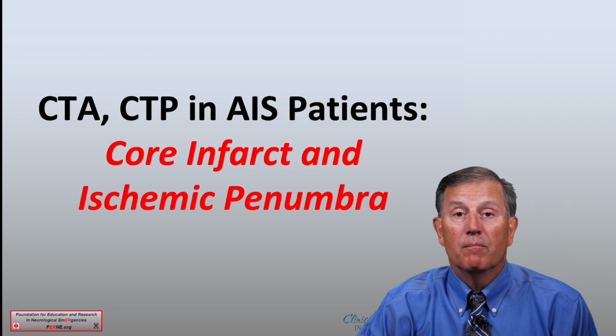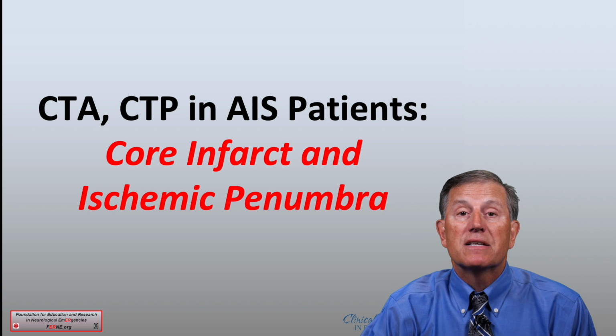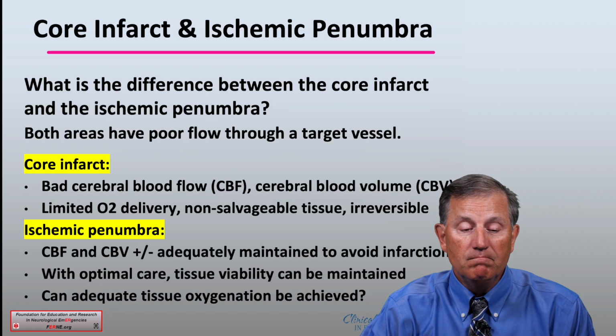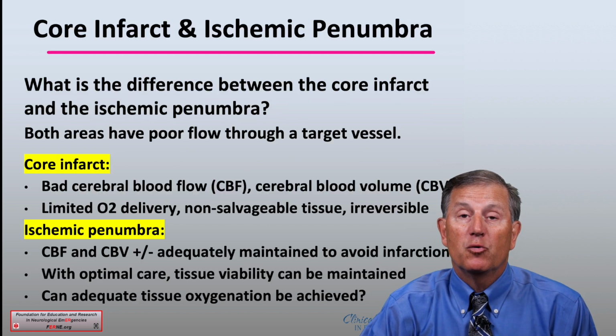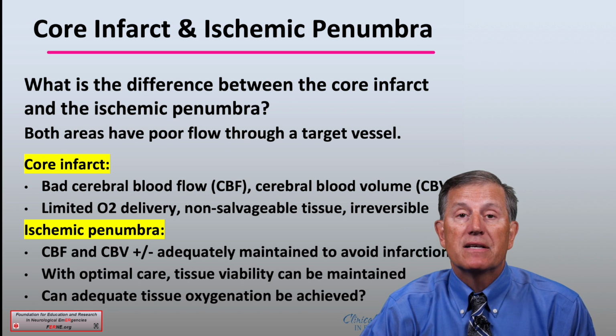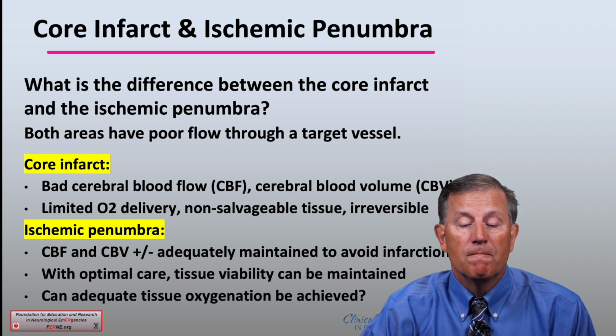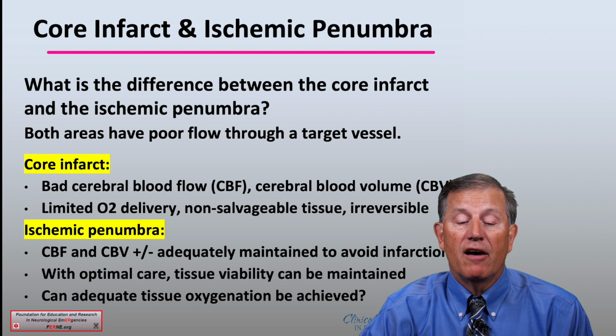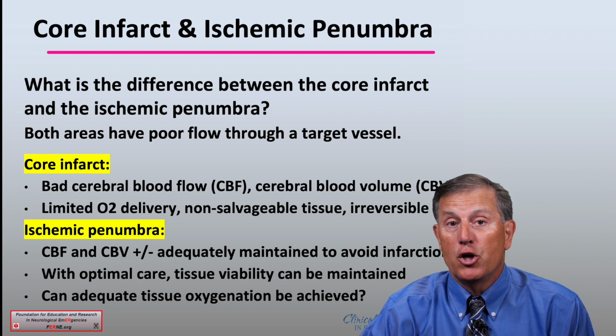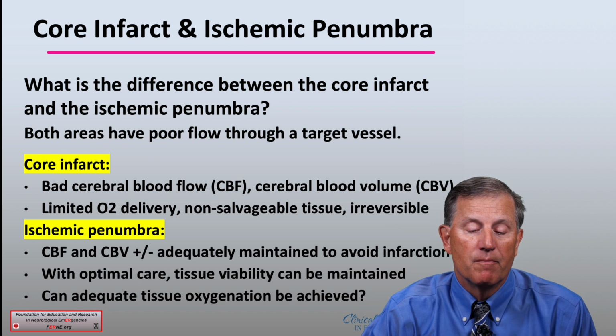Let's talk a minute about the core infarct and the ischemic penumbra. What's the difference between the core infarct and the ischemic penumbra? We know that both areas have poor flow through some target vessel when an acute ischemic stroke occurs.